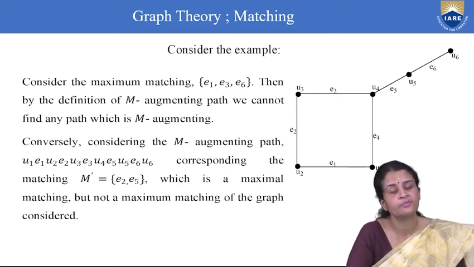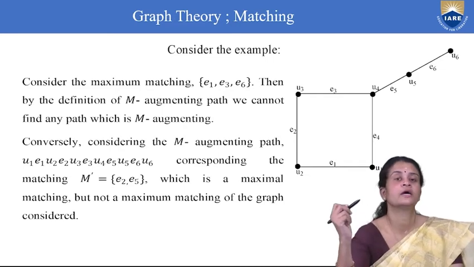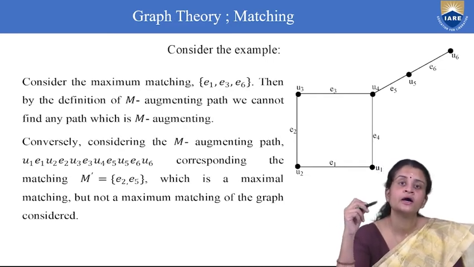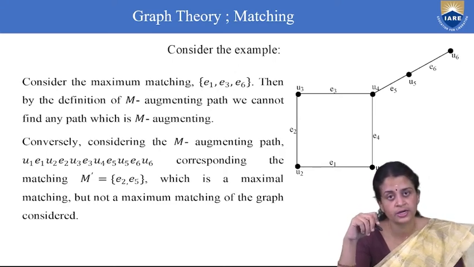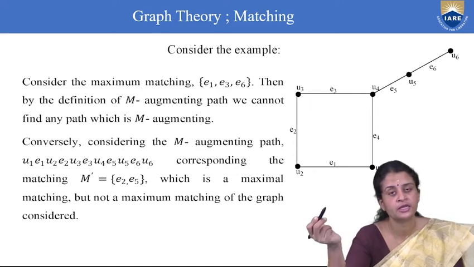And what is the condition for an M-augmenting path? It is a path consisting of alternating matched and unmatched edges: if one edge is matched, the next edge will be unmatched. We cannot find an M-augmenting path with this.